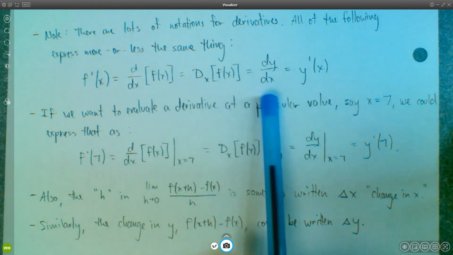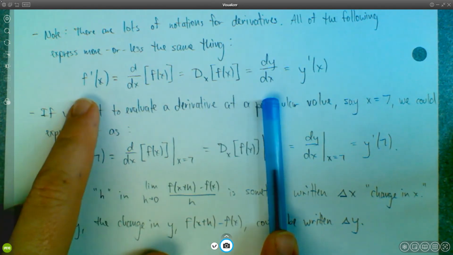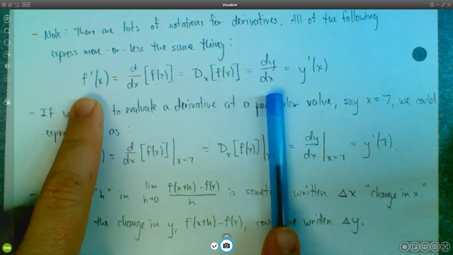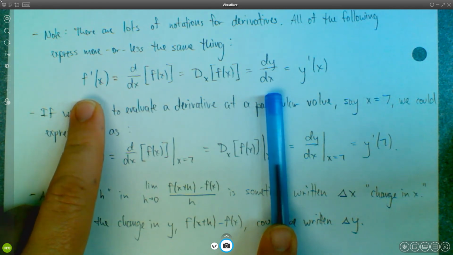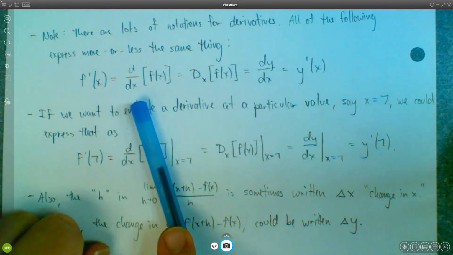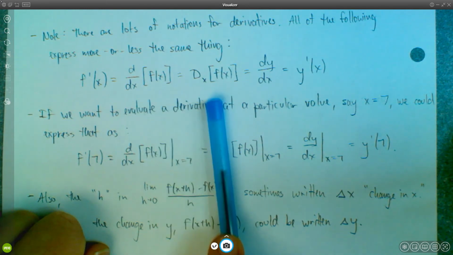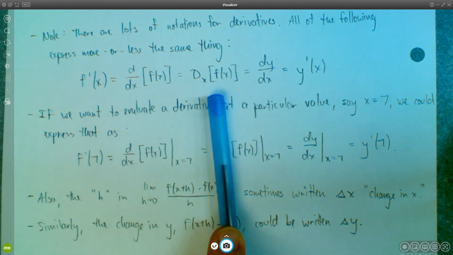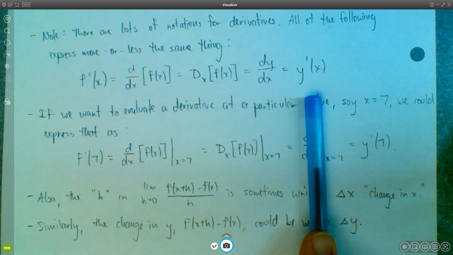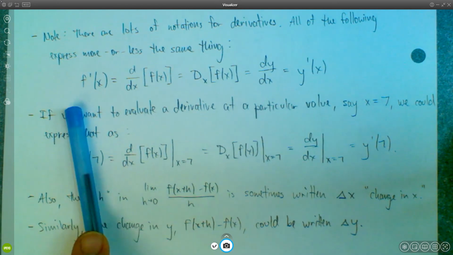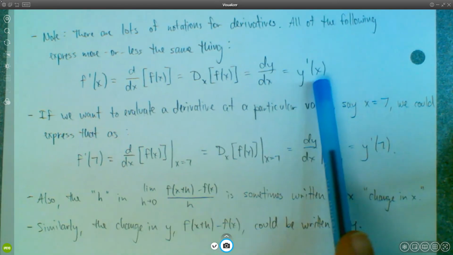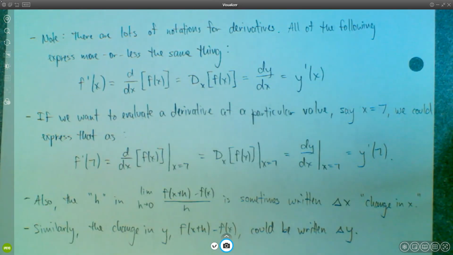But another really common one is dy dx. I would say these two, f prime of x and dy dx, are probably the two most common notations that are used. D dx is used a little bit less commonly, and this one is used even less commonly than that. Y prime of x could also be used sometimes instead of f prime of x, right? But it is pretty clear that it means the same thing.